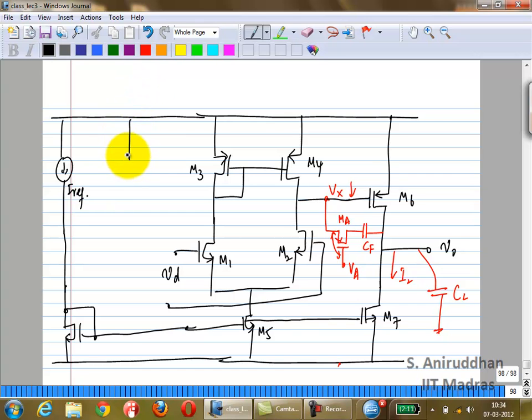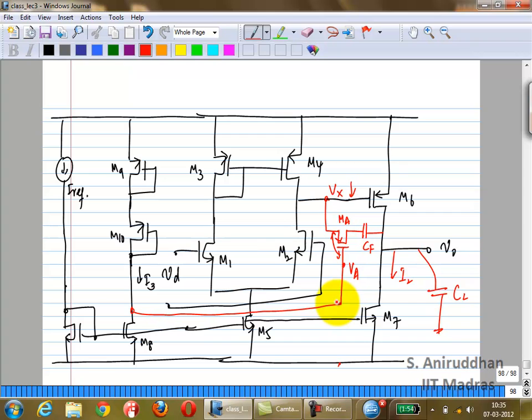And I'll call this current I3. What I'm going to do is generate VA depending on 2 diode drops from VDD.